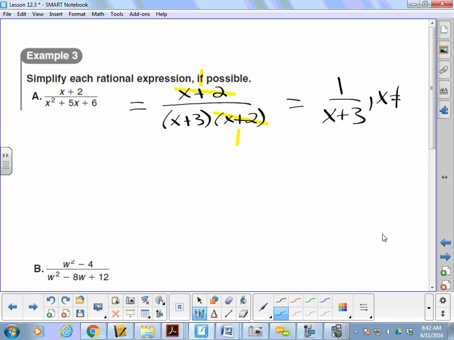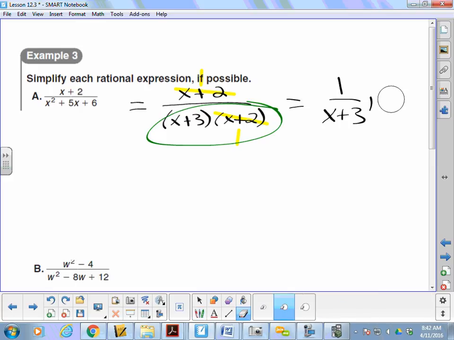So we have x plus 2 and x plus 3 in the denominator. They're equal to 0 at negative 2 and negative 3, right? So my excluded values are: x cannot equal negative 2 or negative 3, either one of them.